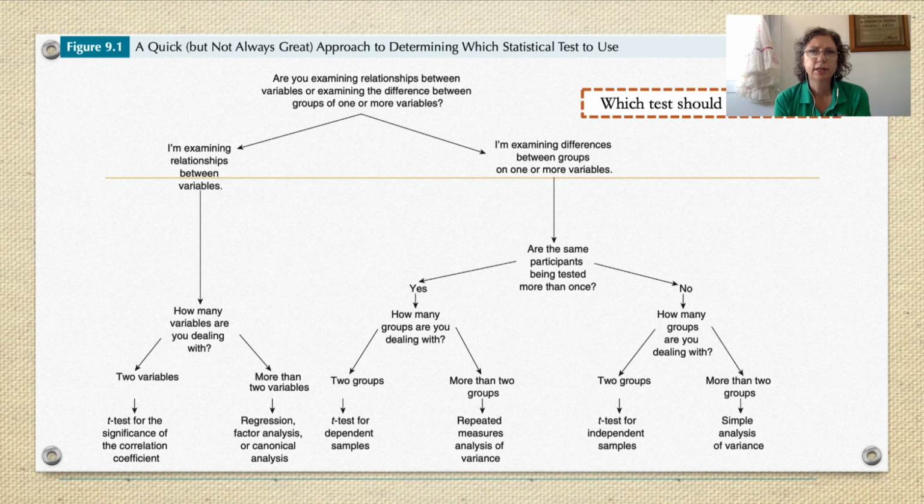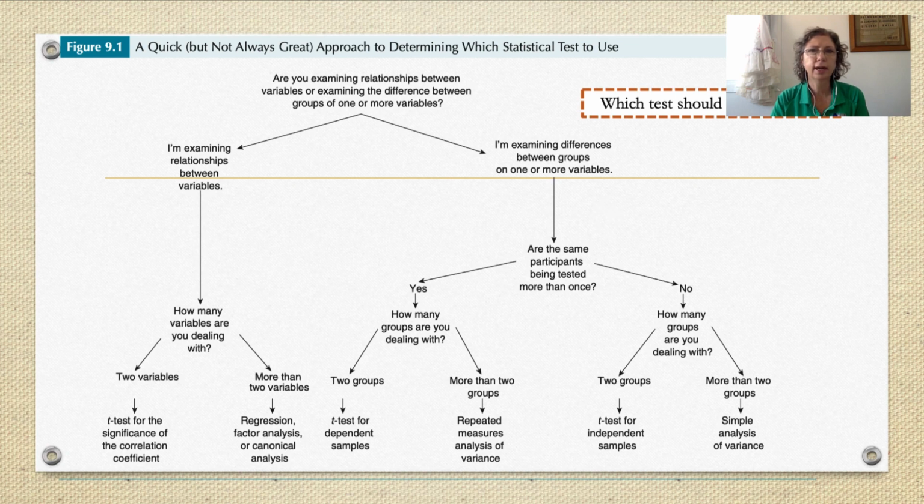So we'll consider these different inferential tests, coupled with which test should be run. Which test should be run depends on the research question. Is the research question talking about a relationship between variables or looking at differences between groups?